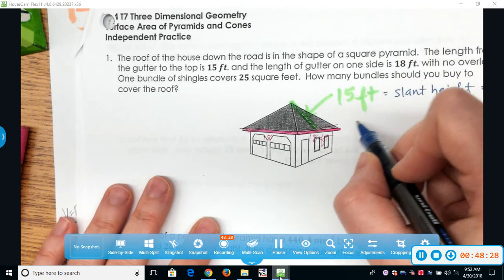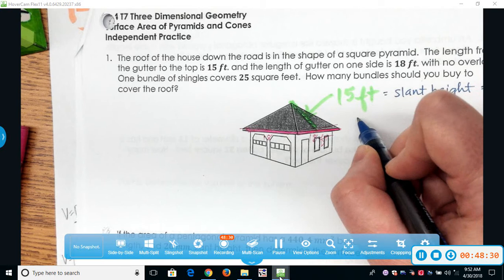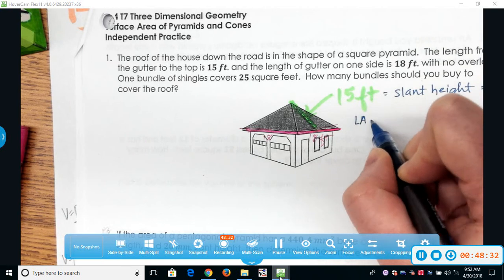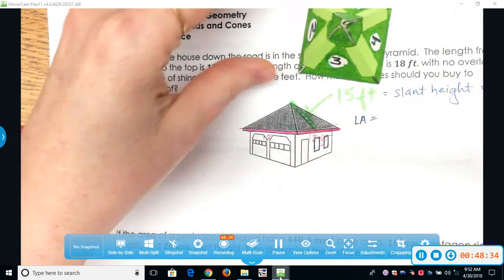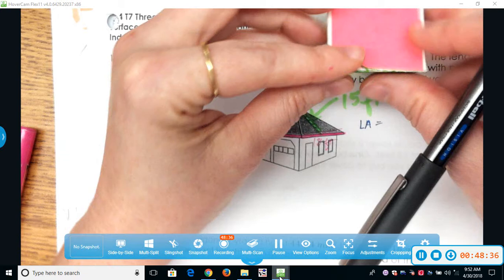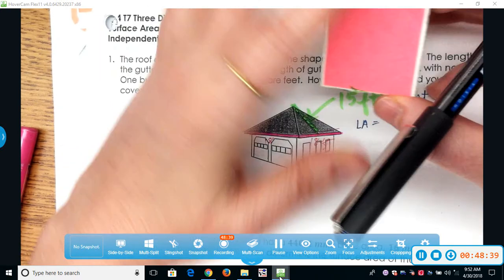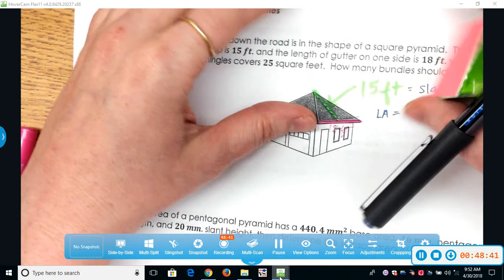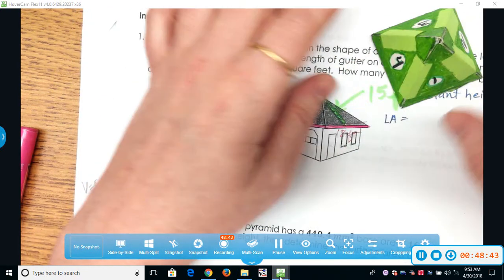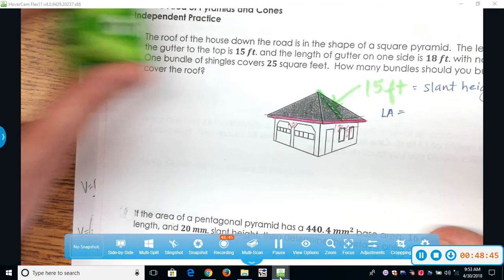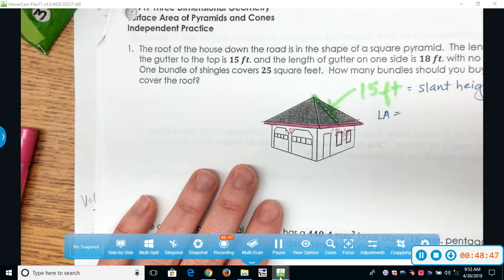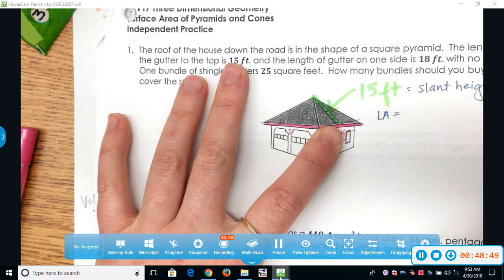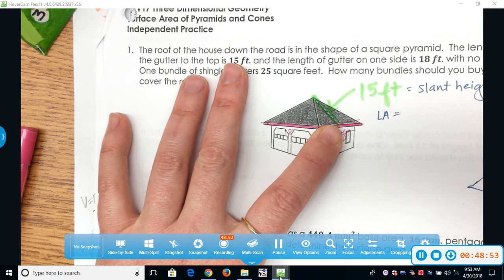Okay, so I'm roofing. I need the lateral area because when I do the roof, I don't care about this square bottom. I'm just worried about these triangles. Here's my net.